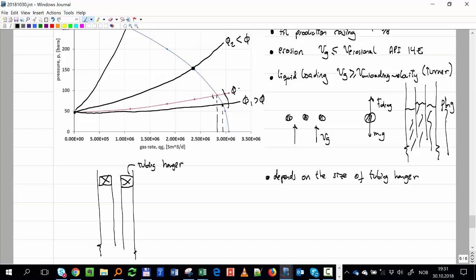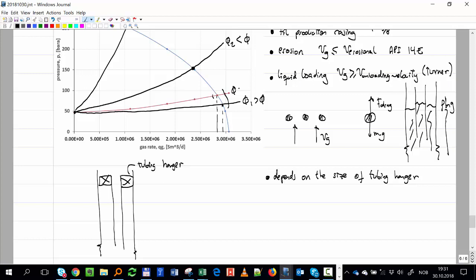It just holds all the weight of the tubing and transfers it to the production casing, then to the intermediate casing, then to the surface casing, and then to the conductor. Okay, it's transferring all the loads of that tubing to the ground through the conductor.